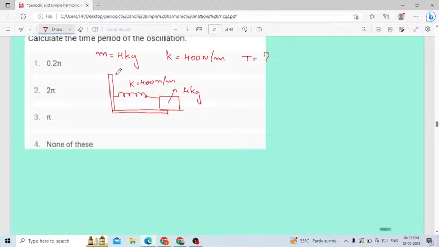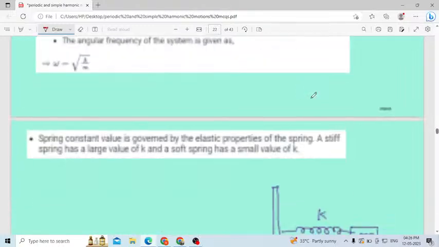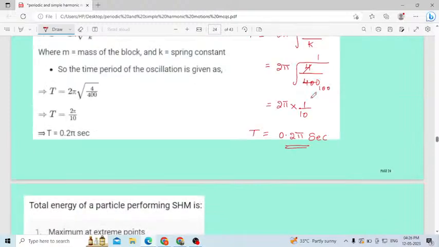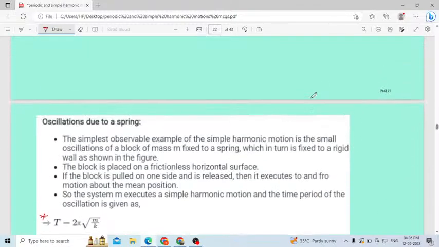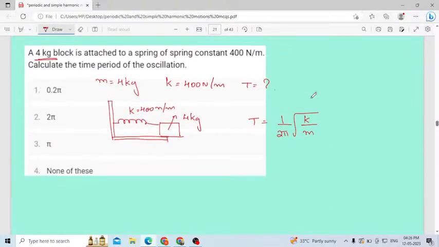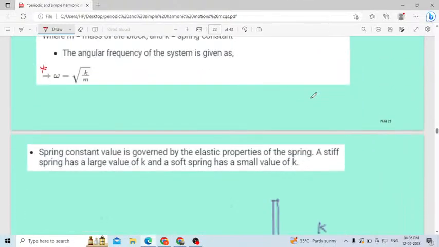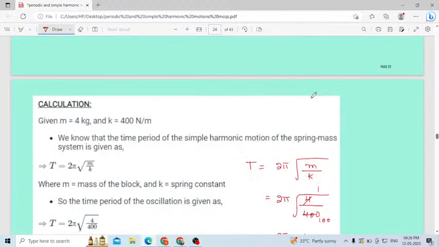Calculate the time period. You know the time period will be 1 by 2 pi square root of k divided by m, or m by k, or k by m. Once again I will check. It is m by k, I think. Why am I writing 1 by 2 pi?